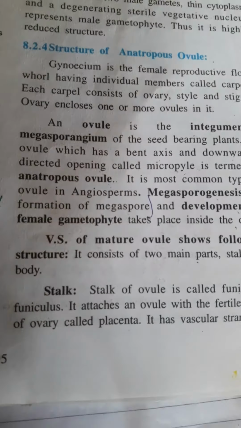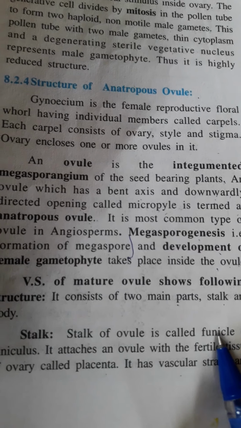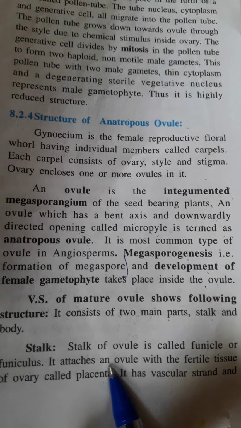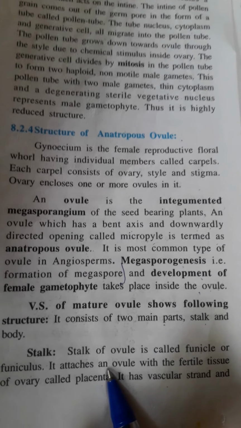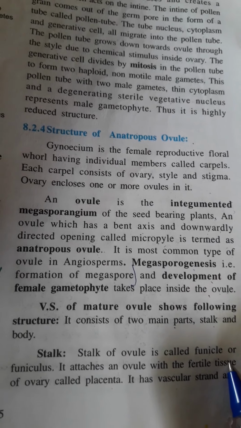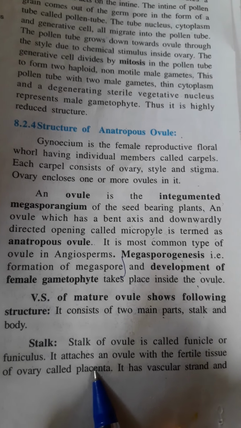Now, what is the function of the stalk? The stalk of ovule is called as funicle. It attaches an ovule with the fertile tissue called as placenta.